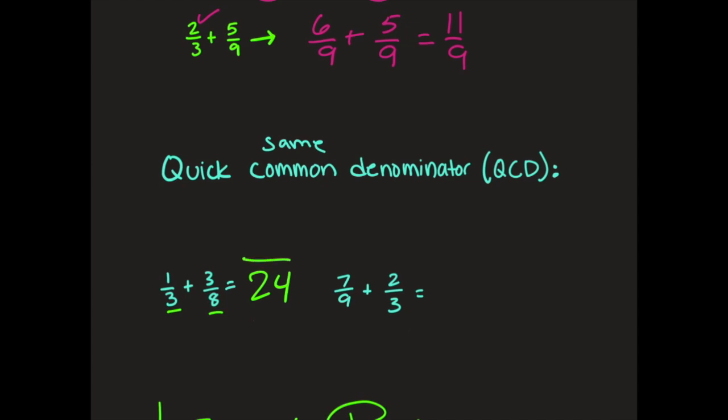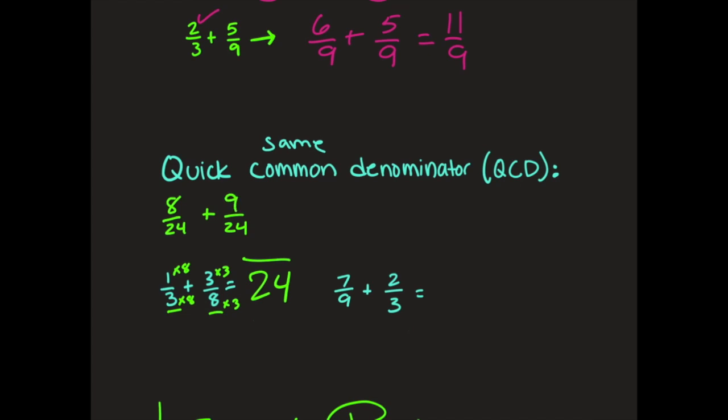So if I wanted to continue with my problem like we've done in the past, I know that 24 will work for both. But then I also have to see, I turn that 3 into a 24, which means I multiplied it by 8, which means I also have to do the top by 8. Same thing down here, 8 times what gives me 24? That's 3, so I have to do it by the top as well, and that's 9.